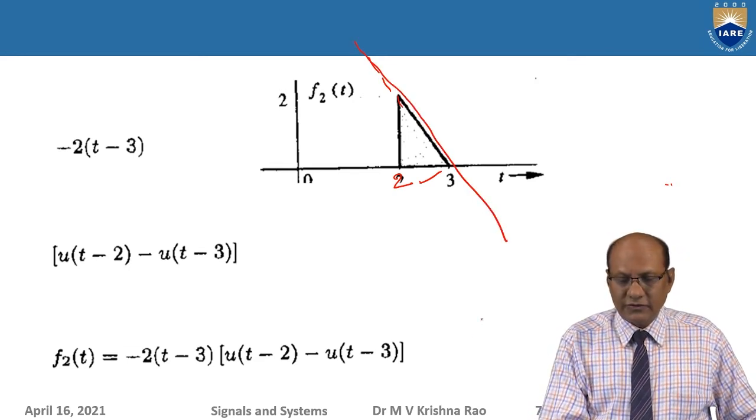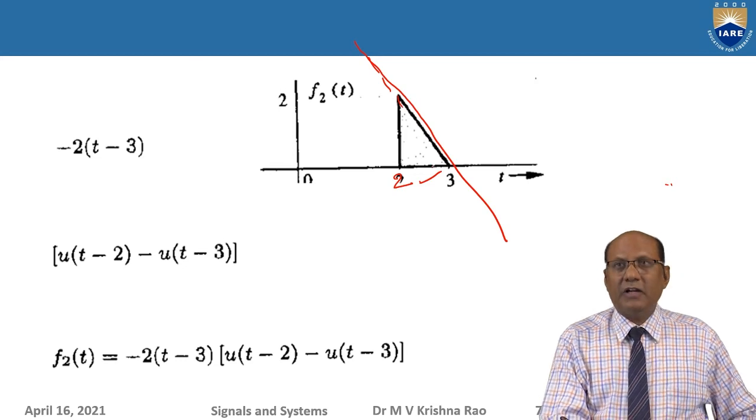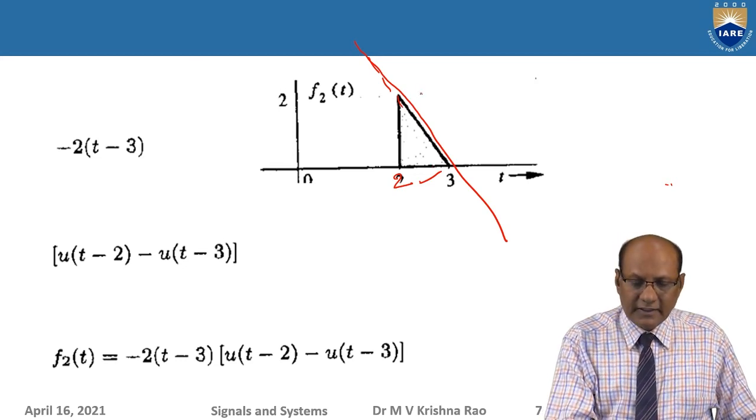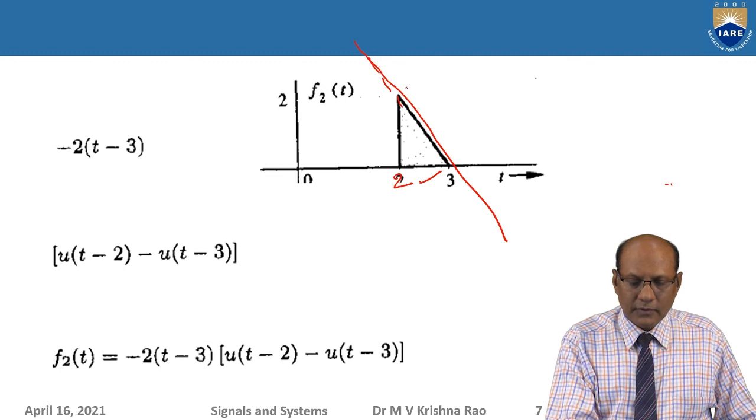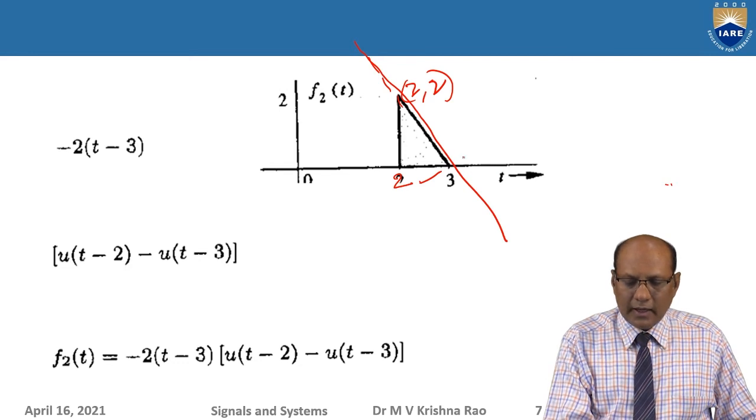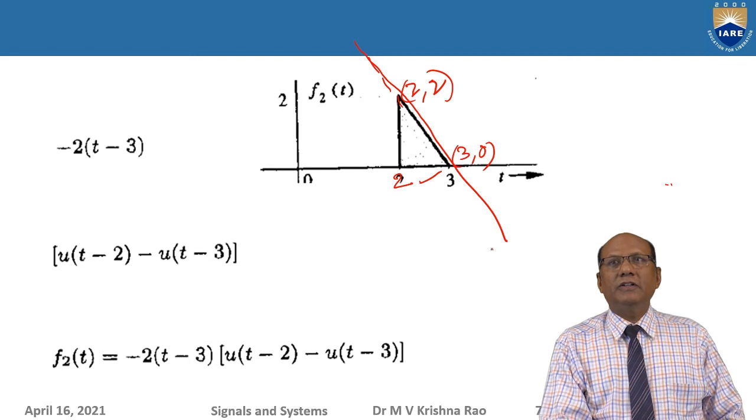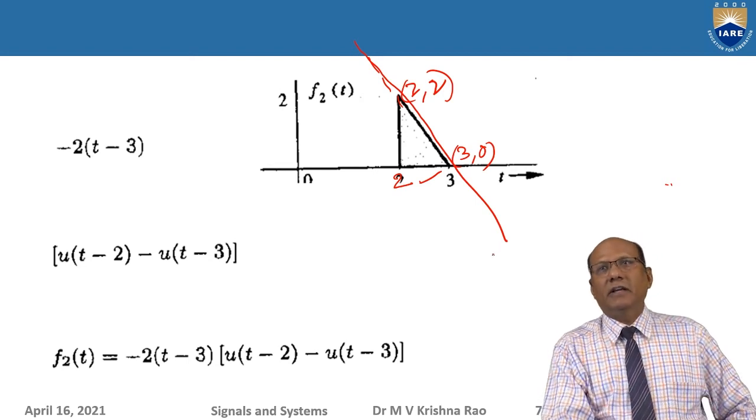I have to find the expression for this. Here I have the coordinate 2, 2, and I have 3, 0. First point is 2 comma 2, second point is 3 comma 0.